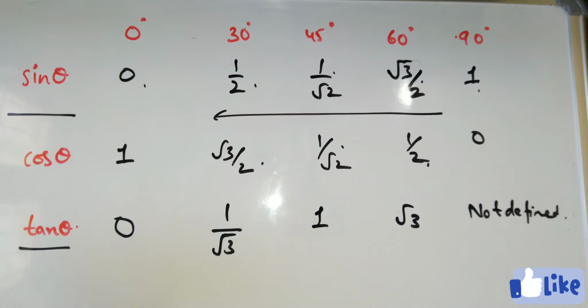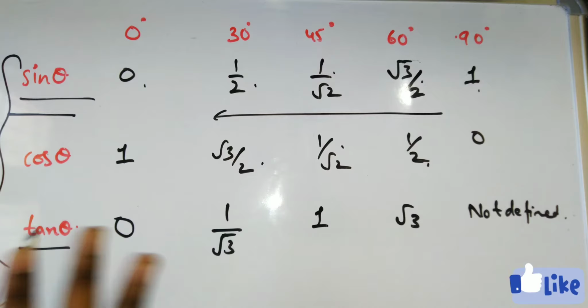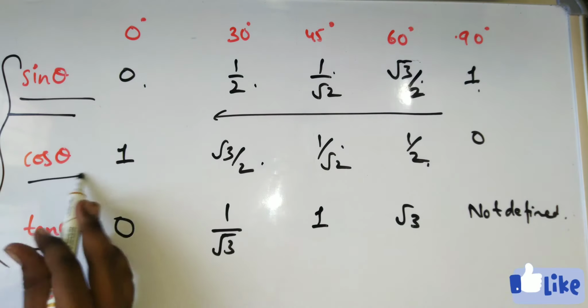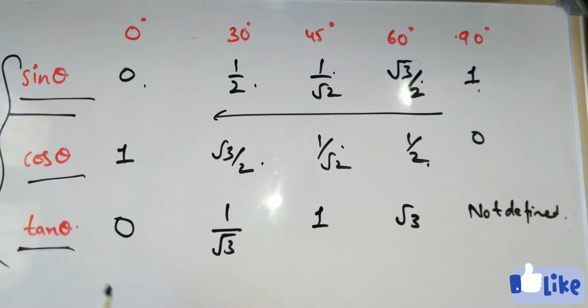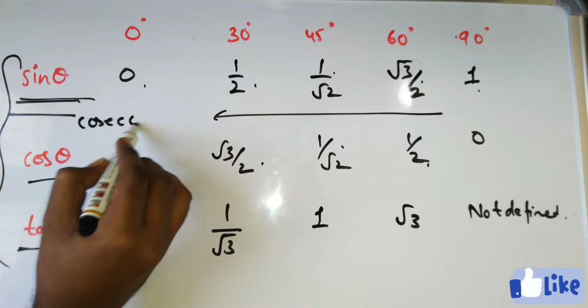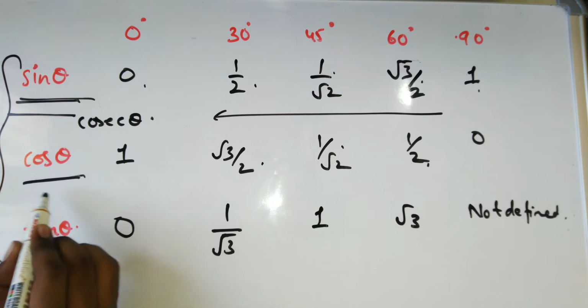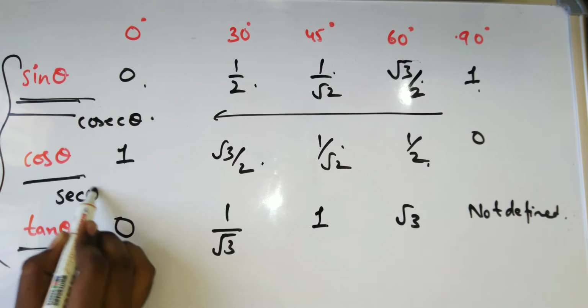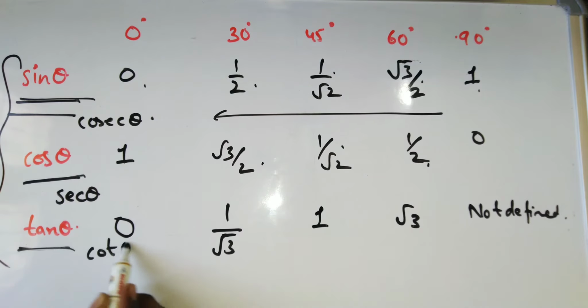Now we have discussed how to write these 3 things. It's simple: you just remember sine theta's values, then the reverse of it will be for cos theta, and for tan theta it is sine by cos. Now what about the others? Sine theta reversed will be cosecant theta, cos theta reversed will be secant theta, and tan theta reversed will be cot theta.